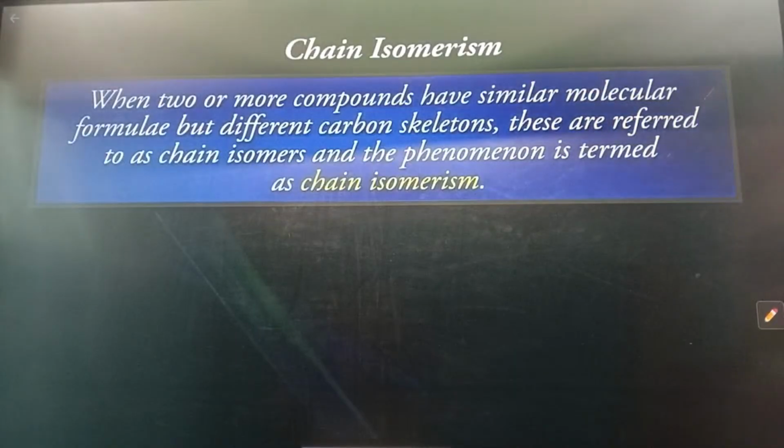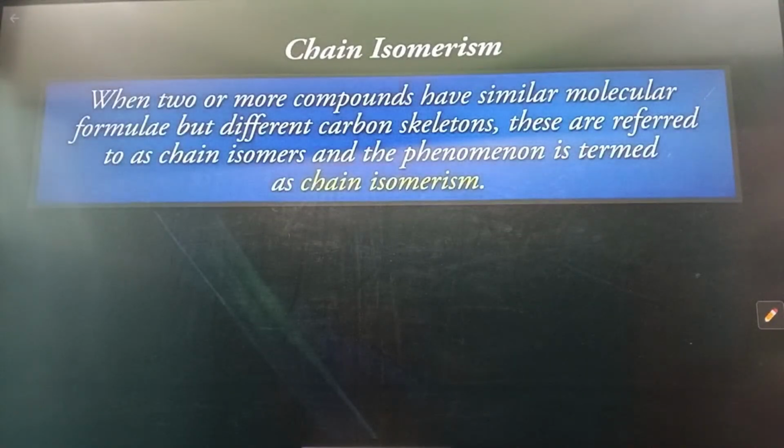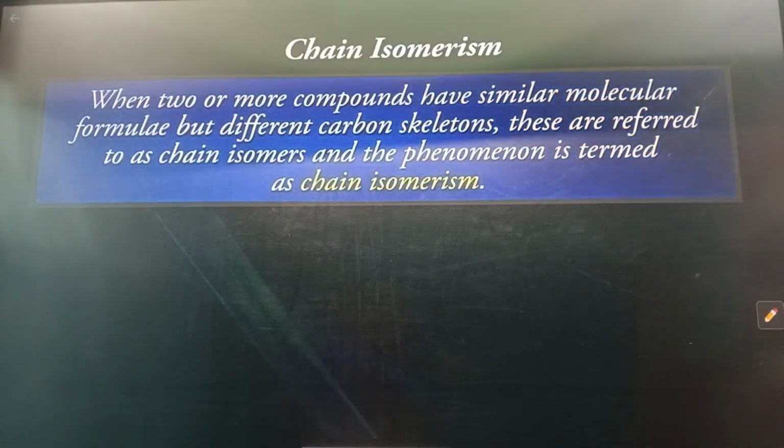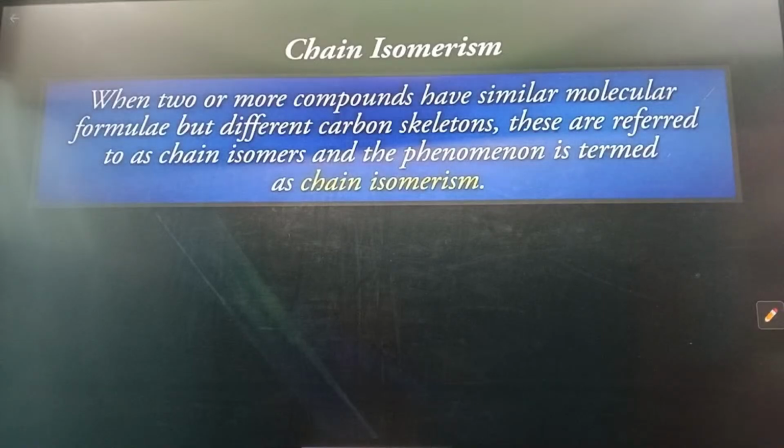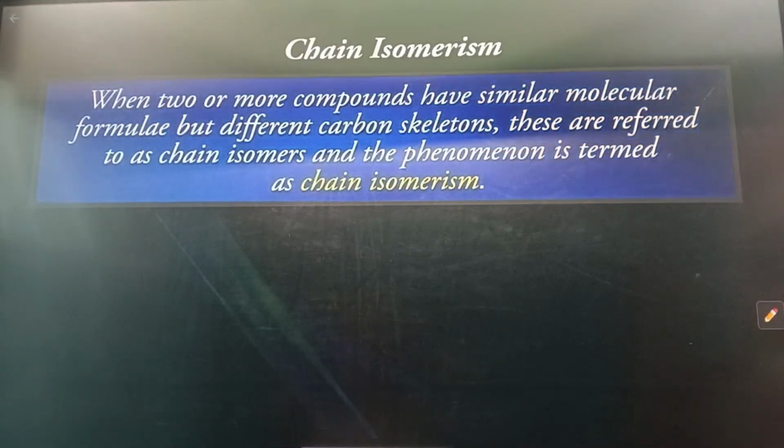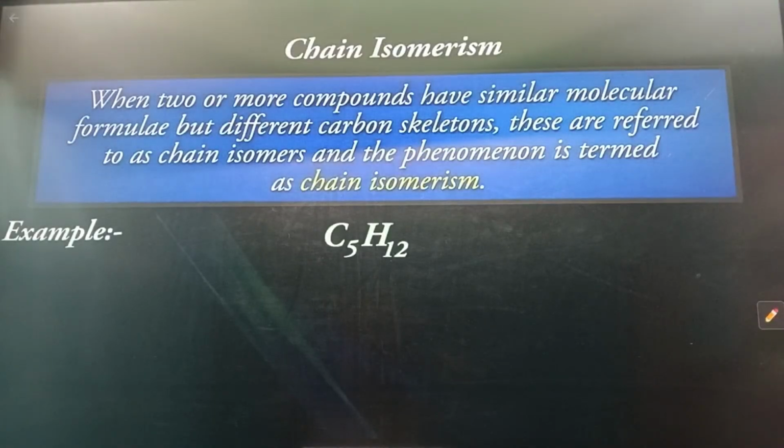When two or more compounds have similar molecular formulae but different carbon skeletons, these are referred to as chain isomers, and the phenomenon is termed chain isomerism. Let us take this example.